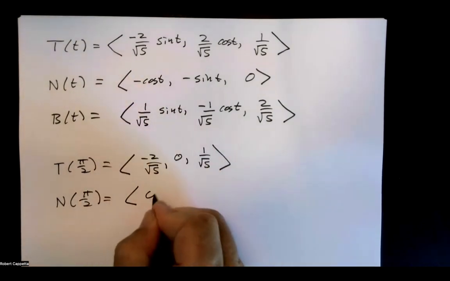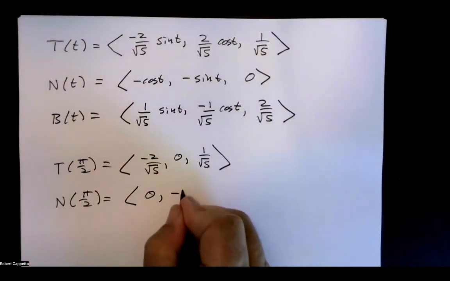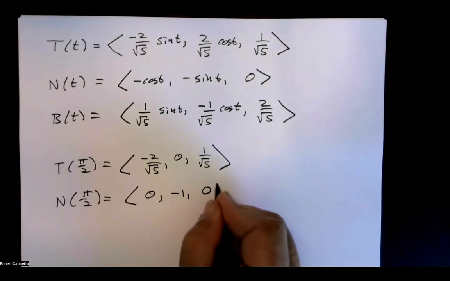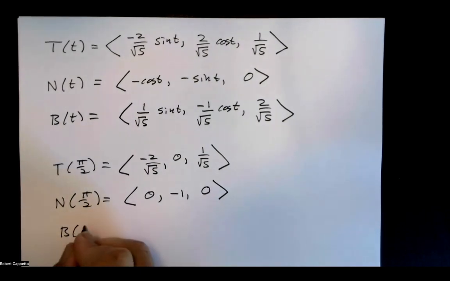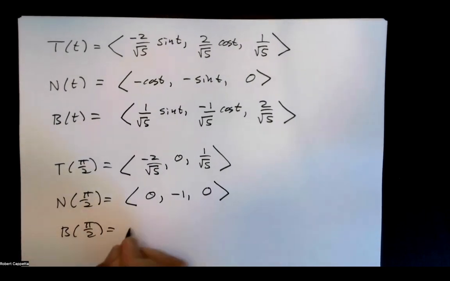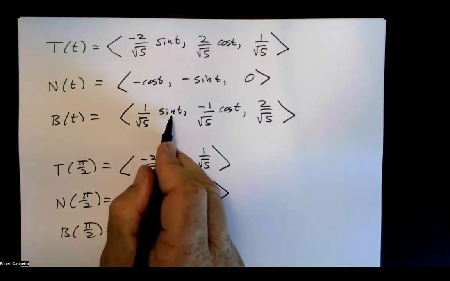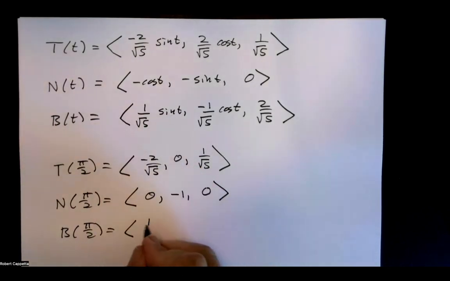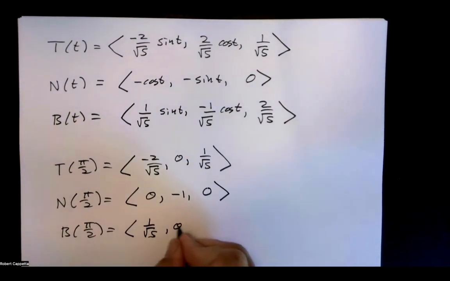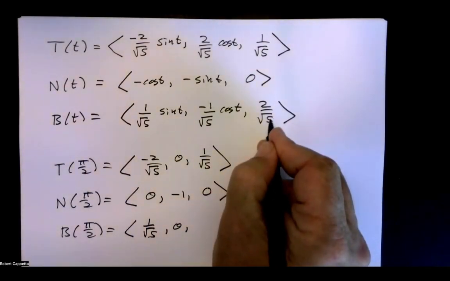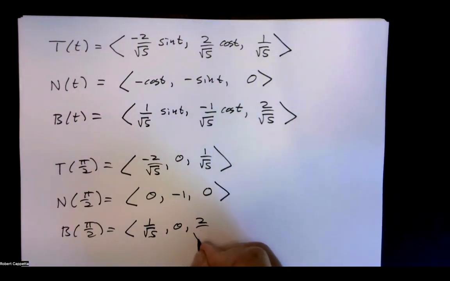Cos of pi over 2 is 0. Sine of pi over 2 is 1, hence negative 1, 0. And let's go to B of pi over 2. Sine of pi over 2 is 1, so it'll give me 1 over root 5. Cos of pi over 2 is 0. And 2 over root 5 is 2 over root 5.